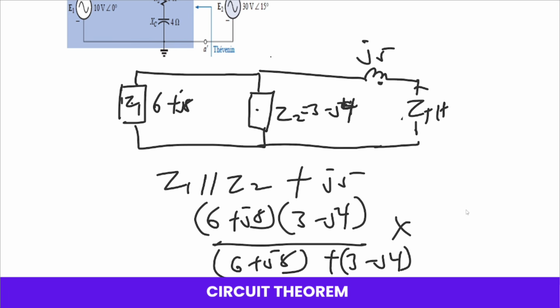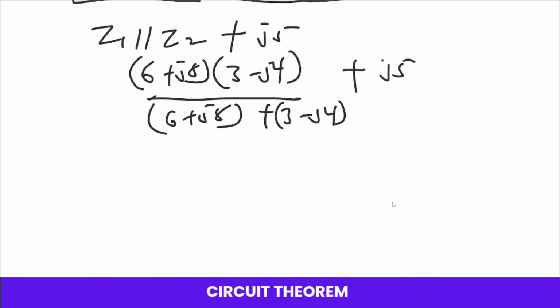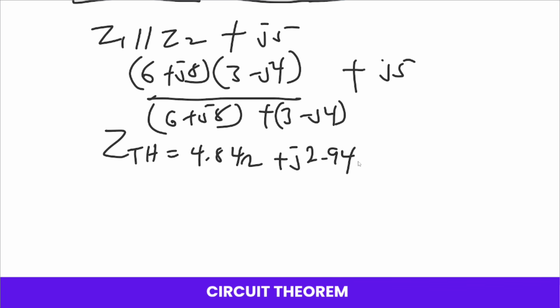All this multiplied by all this, plus J5, and that will give us a corresponding value of ZTH equal to 4.84 ohms plus J2.94, which can also be in the form of an angle, 5.41 angle 32.35. You can always use a calculator to convert this.